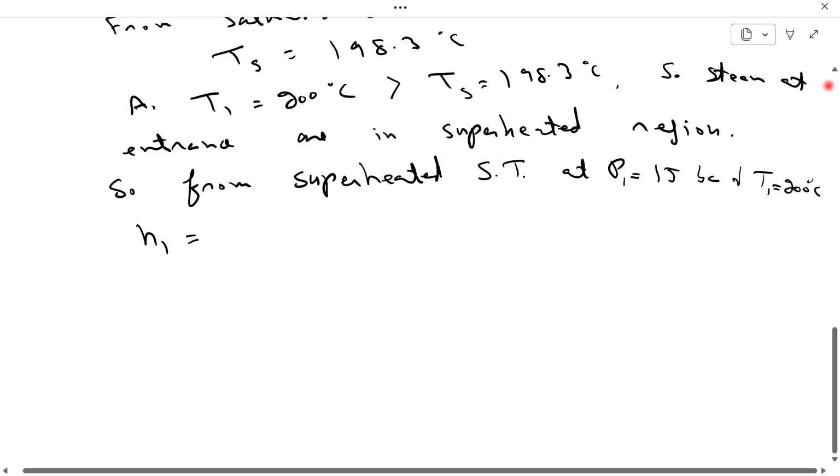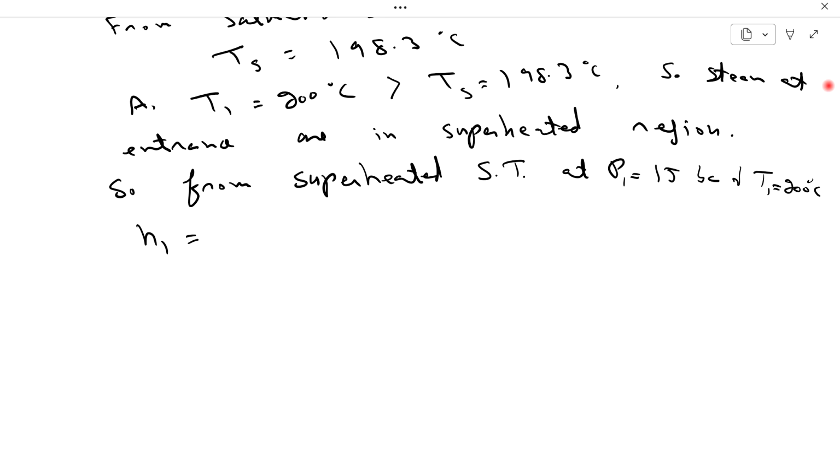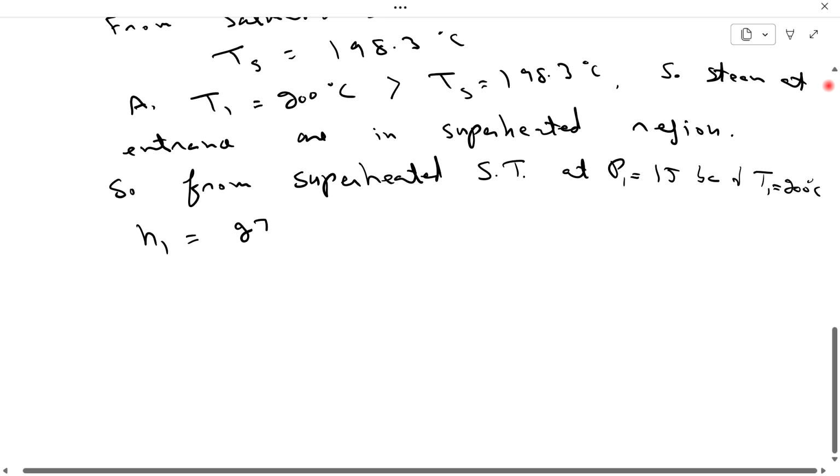H1 is the steam enthalpy at entrance. H1 is equal to 2796 kilojoule per kg.